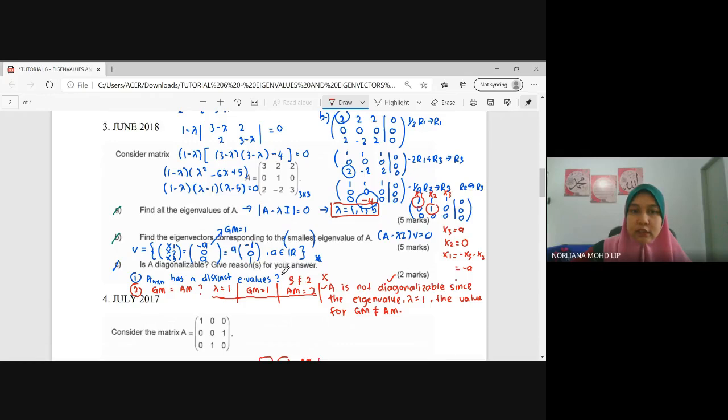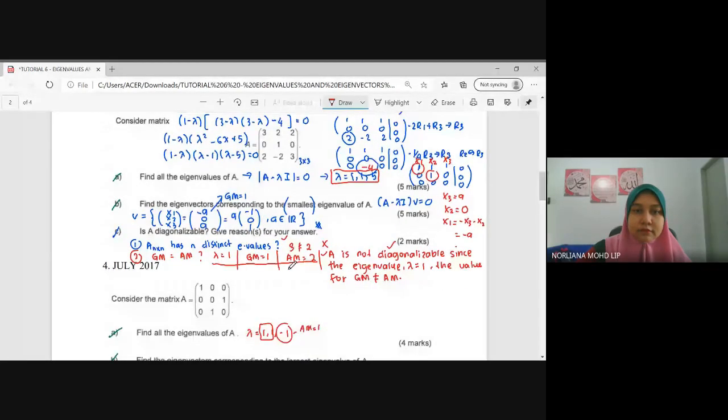Kalau contoh lah awak buat conclusion A is not diagonalizable boleh, tapi reason untuk first condition ni tak boleh lah guna. Okay, ada soalan tak?